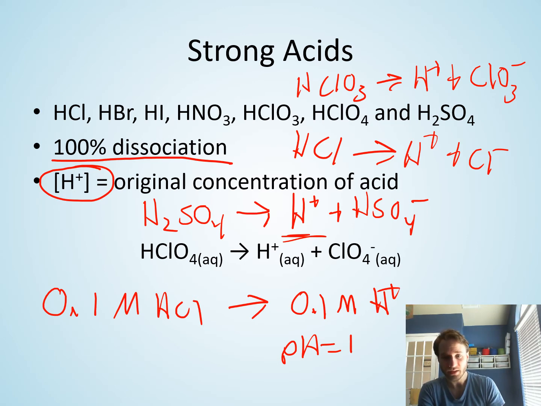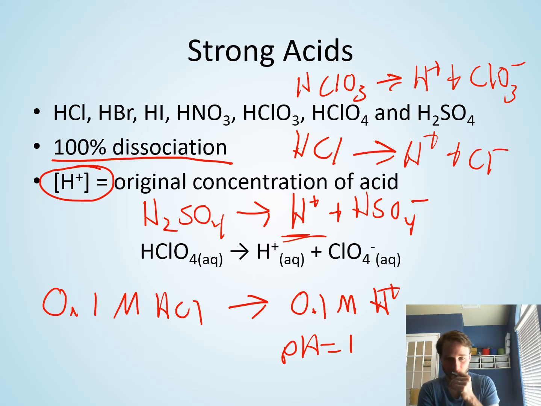Listed here in this slide is our list of all possible strong acids that we will talk about in this class. Memorize this list, because I promise you there are a lot more weak acids than there are strong. You don't want to try to remember all the weak acids. If an acid is not on the list given in this slide, it is not a strong acid.